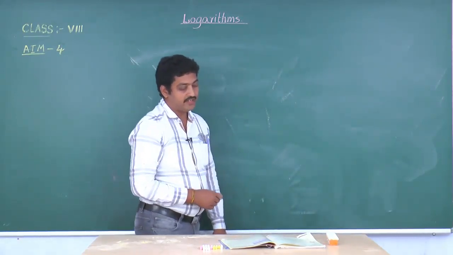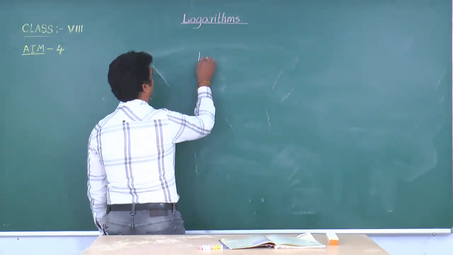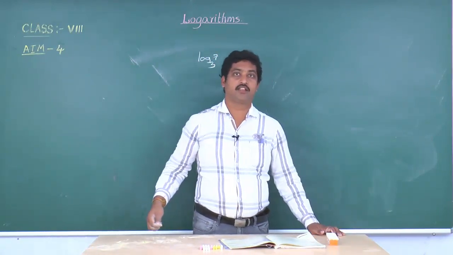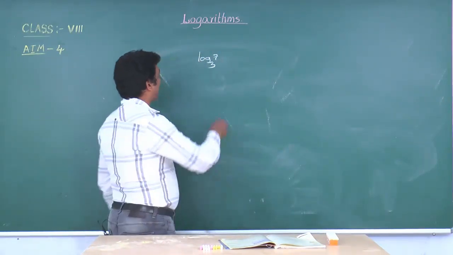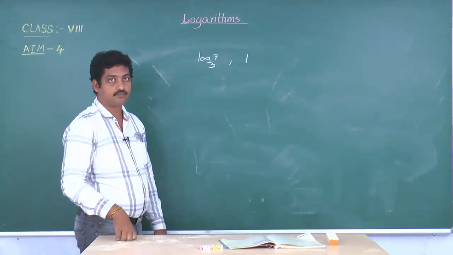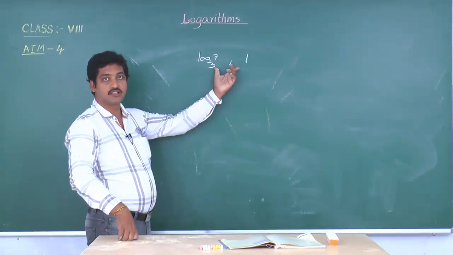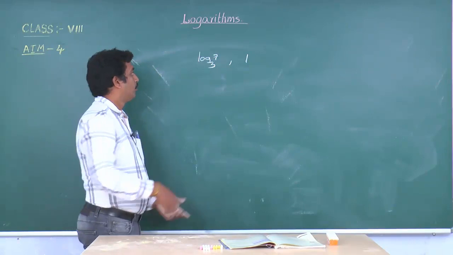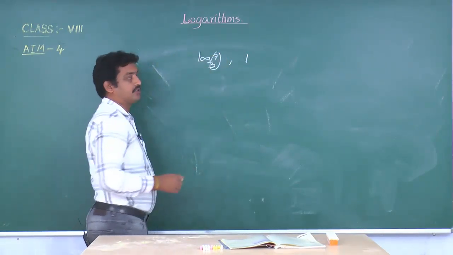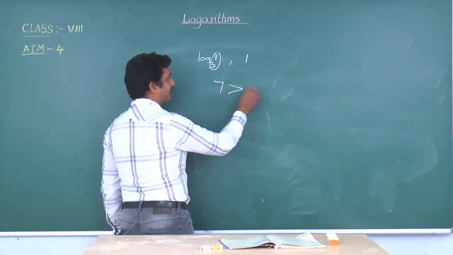Determine the inequality between 1 and the following: log 7 to the base 3. That means I am going to compare log 7 to the base 3 with 1. To do such types of problems, comparison with 1, we have to compare the base of the logarithm and the logarithmic number, that is, which is greater, 7 or 3. 7 is greater than 3.